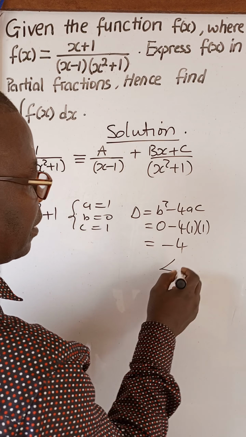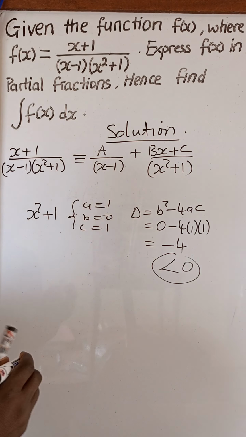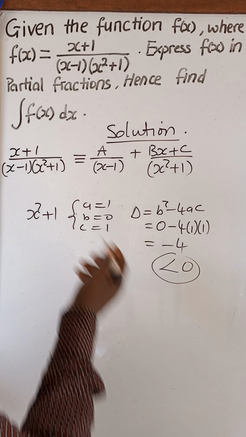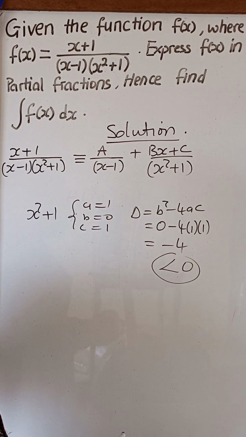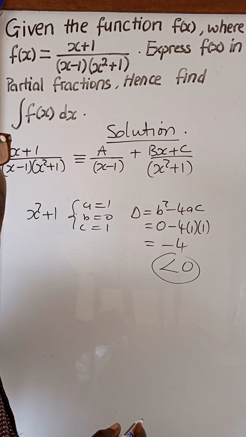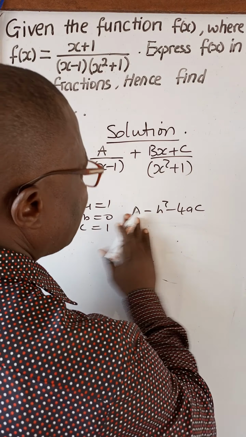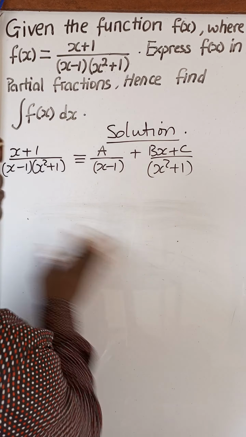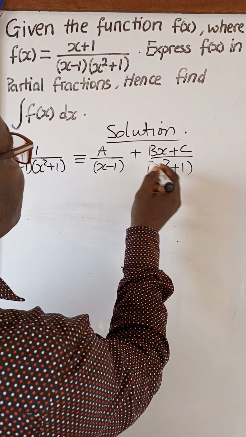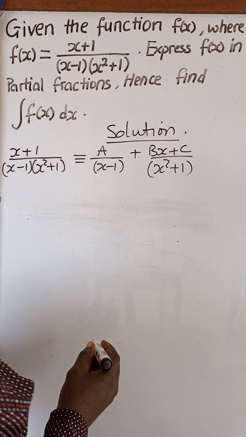This is less than 0. It is not greater than or equal to 0. So it is going to give us imaginary or complex roots. So it is not reducible in the field of real numbers. That's how we know. So for that reason, we express this as such for us to be able to split it into its partial fractions.